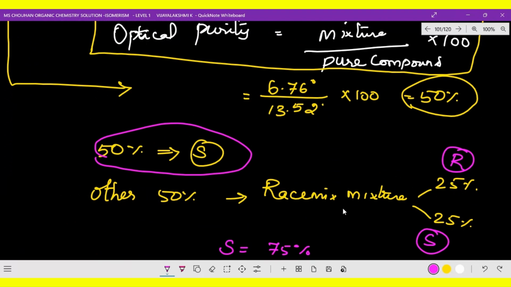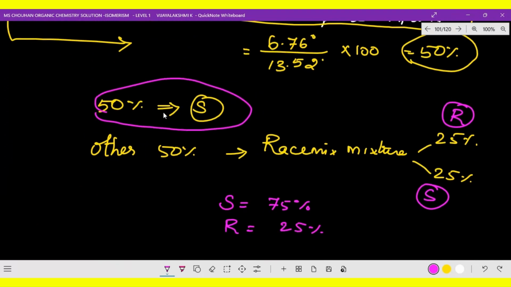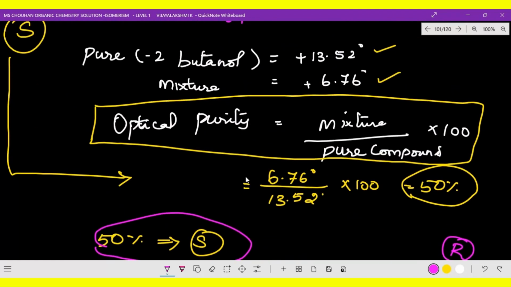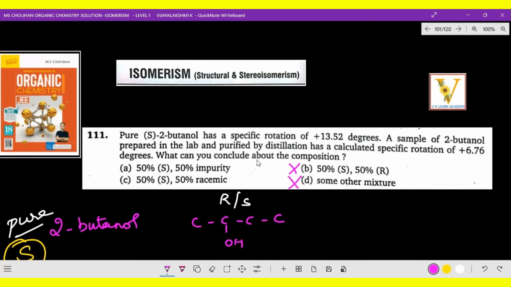Here R and S are 25 and 75, so S actually has 75. So naturally the correct option is option A only, because it is 50 percent S and 50 percent impurity.